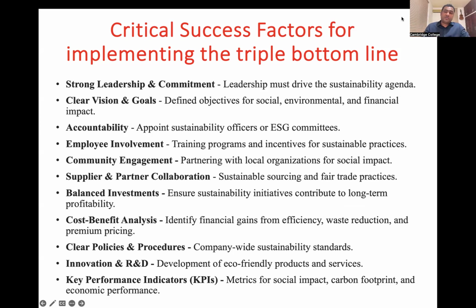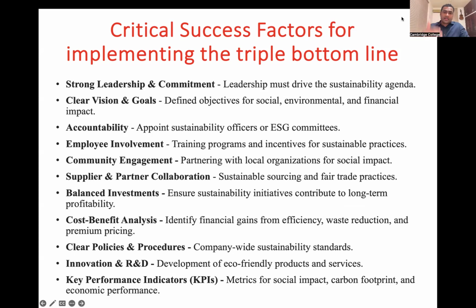You need to do a feasibility, a cost-benefit analysis, have clear policies and procedure manuals on the sustainability standards, innovation and R&D, development of eco-friendly products and services, and finally establish KPIs, key performance indicators, metrics for social impact, carbon footprint, and economic performance.